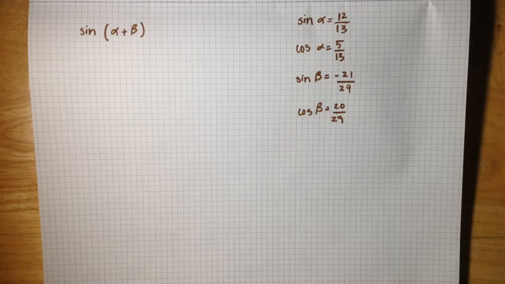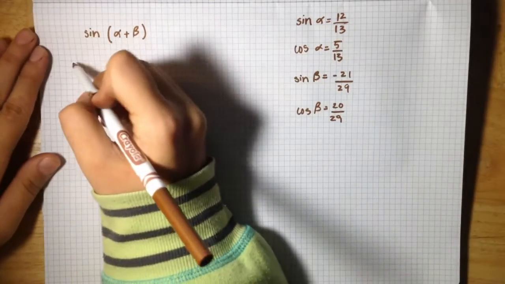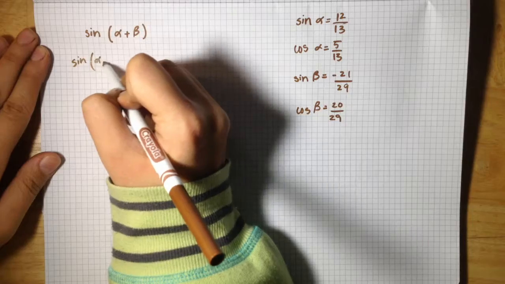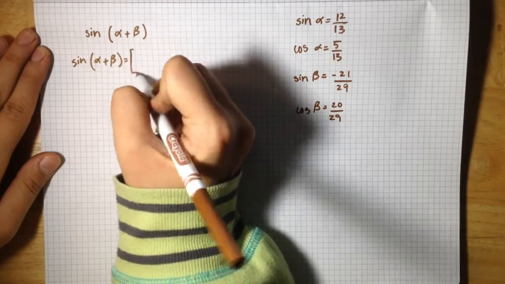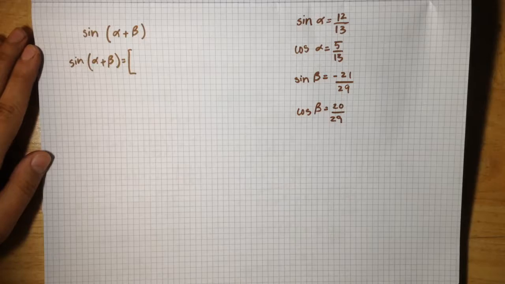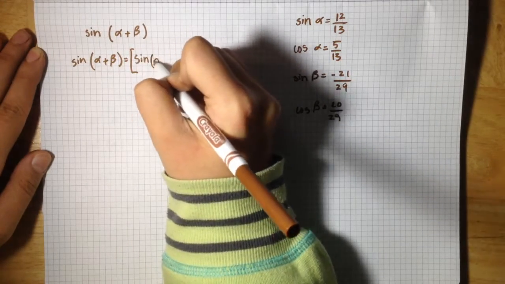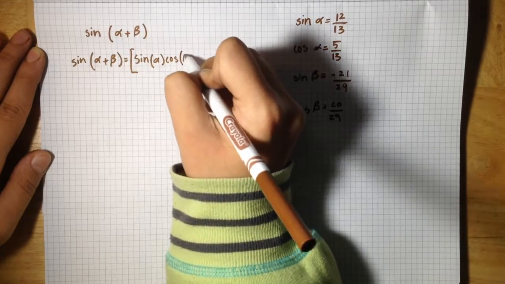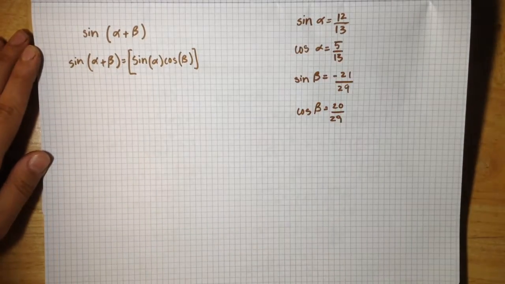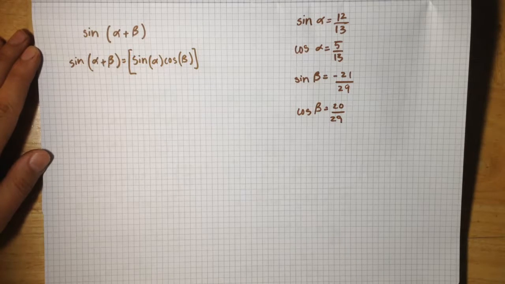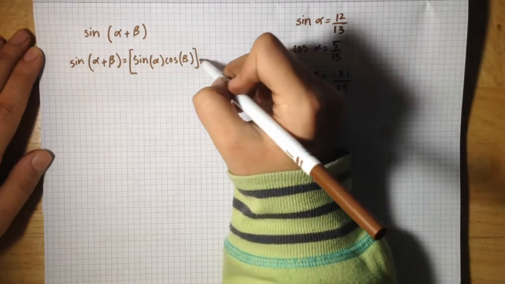The first part of the question on the previous page was sine of alpha plus beta. To figure this out, I'm going to use the equation sine of alpha plus beta equals the sine of alpha times the cosine of beta plus the cosine of alpha times the sine of beta.